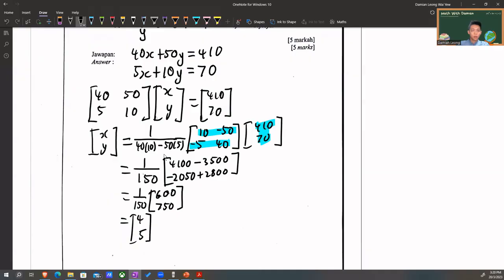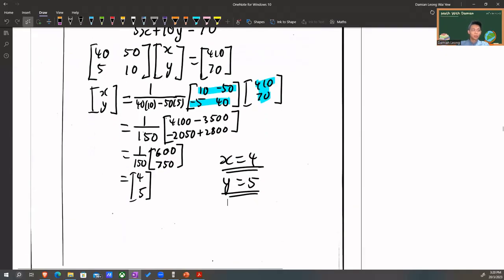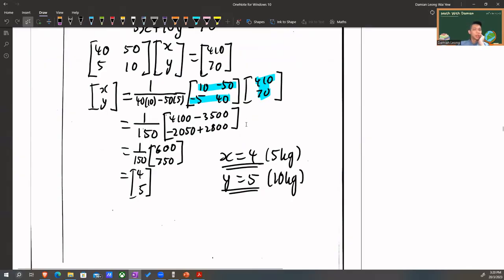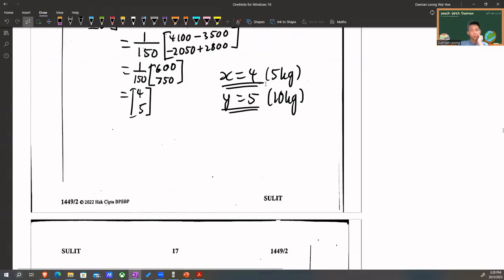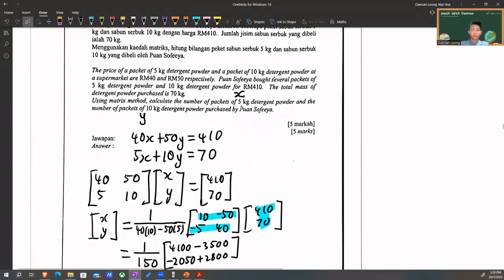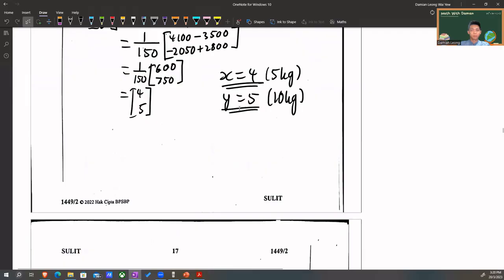So it means x is 4 and y is 5. That's the values of x and y. So this is 5 kg packet, 10 kg packet. Because they might not know which is which lah. So you have to clearly state which is 5 kg, which is 10 kg.